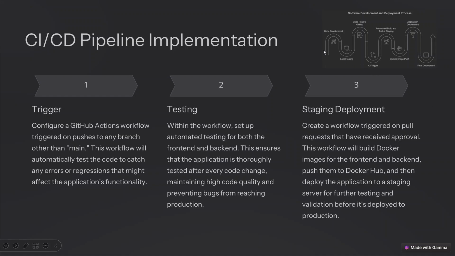Like the diagram in the upper right, you can see from code development, local testing, push to GitHub, CI, and then staging, registry, and deployment to server.